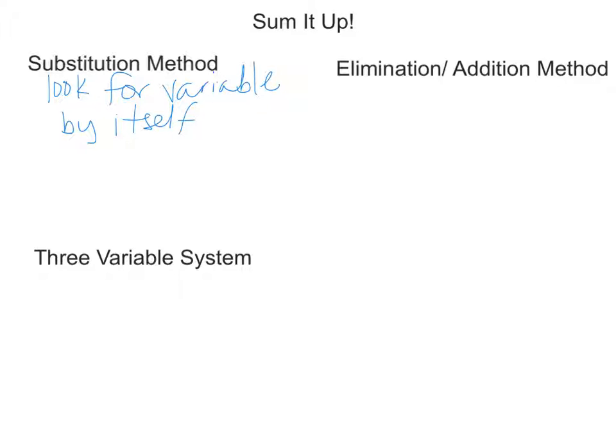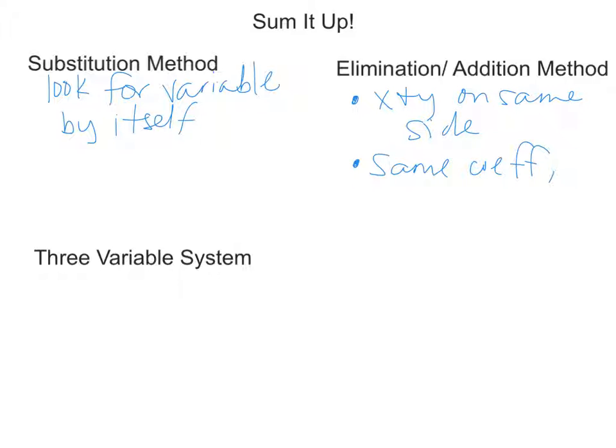Your elimination or addition method, or x and y are on the same side. So once you know that x and y are on the same side, then you want to get the same coefficient that is opposite in sign. So the same number, except one's positive and one's negative. That's the goal there.